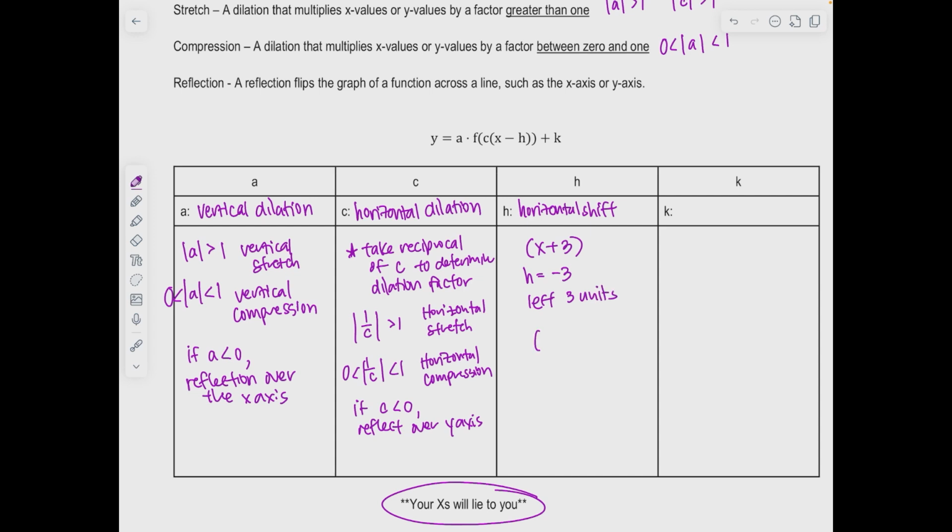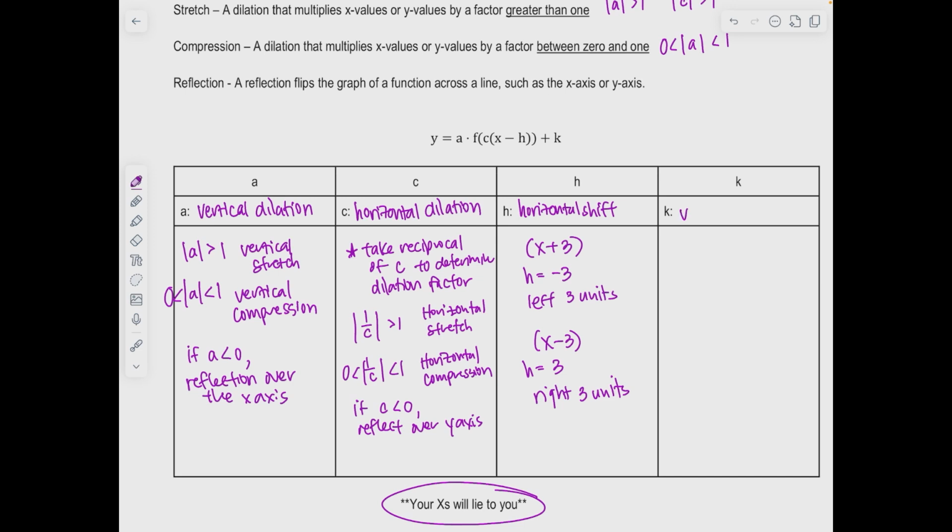Okay, if it is x minus 3, that actually means that your h value is 3, positive 3, and you're going to go right 3 units. Okay, and again, that's because it's supposed to follow the form x minus negative h. So if it's x minus negative 3, that's why it shows up as x plus 3.